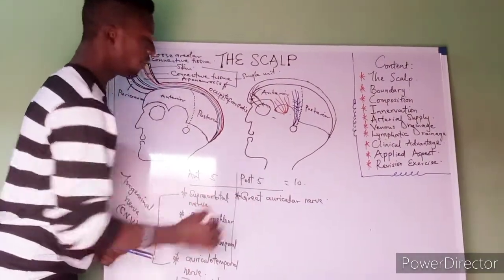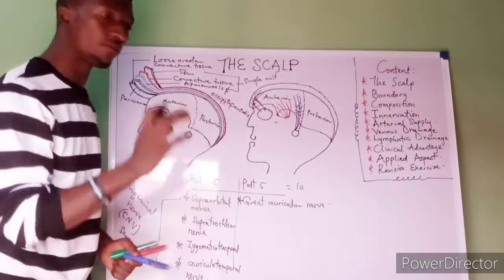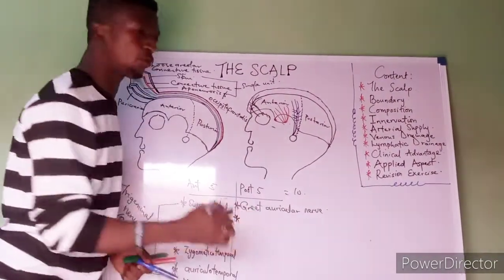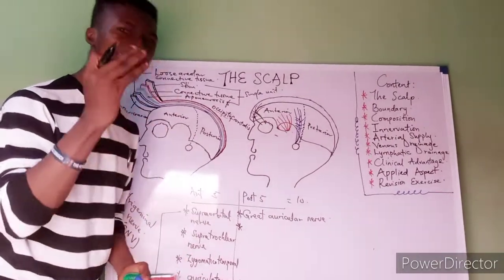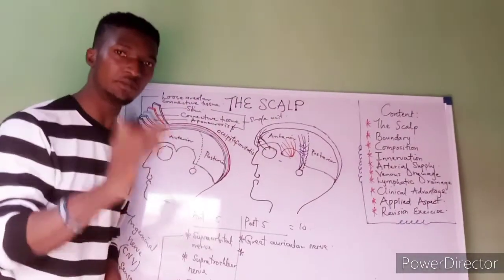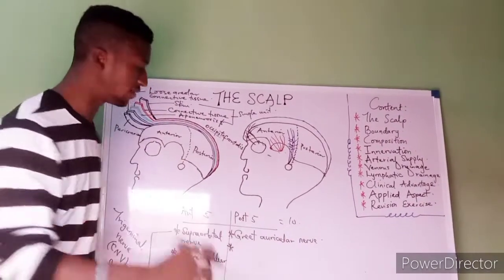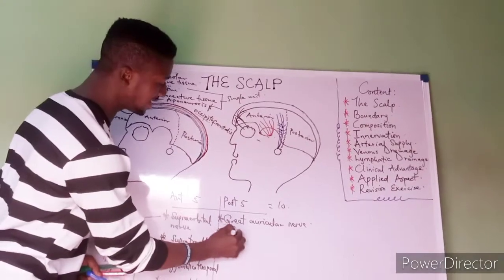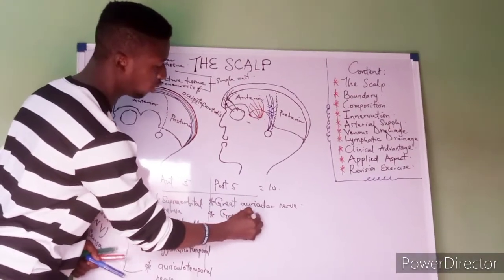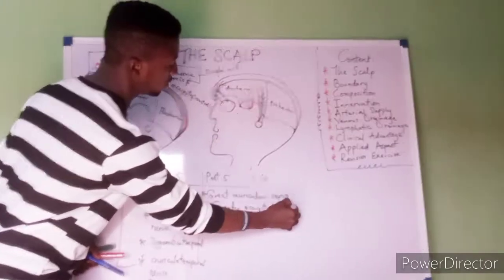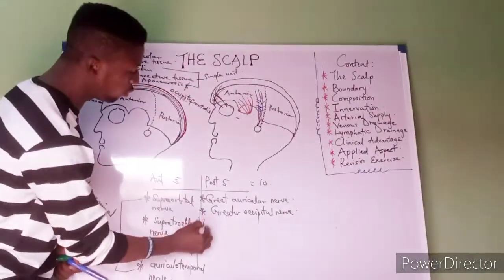Now, for quick remembering, remember that the posterior region is supplied by 3 occipital nerves. The first one is called the greater occipital nerve. The second one will be what?